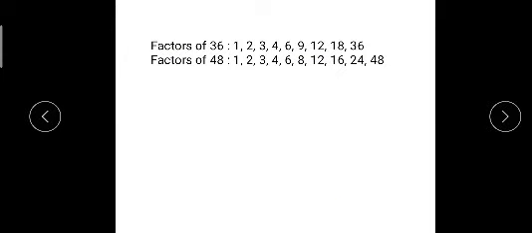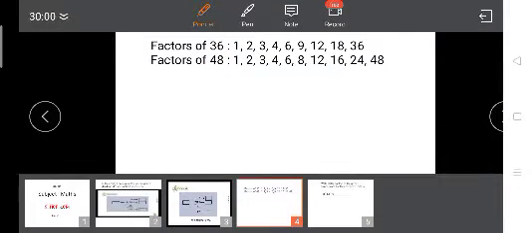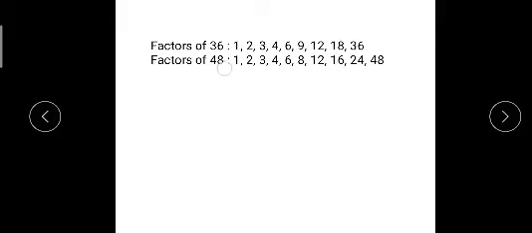So what is a factor? The factor is that if we see 36, which numbers can divide 36? Every number can be divided by 1. Okay, so 1 is common in every factor.